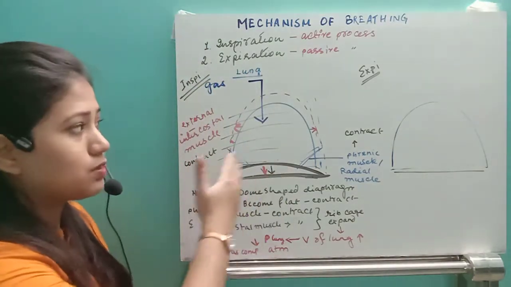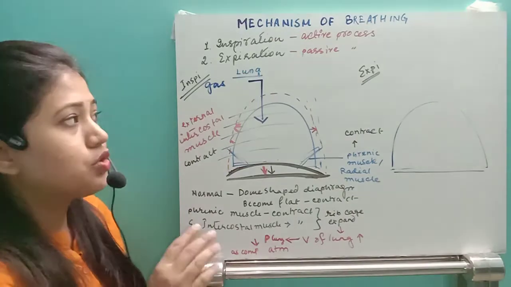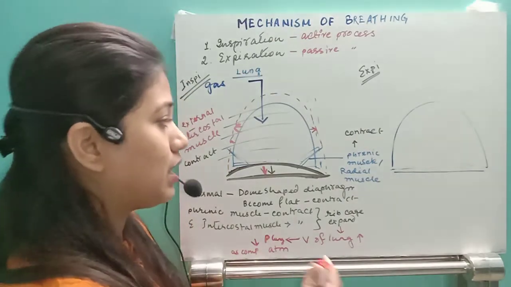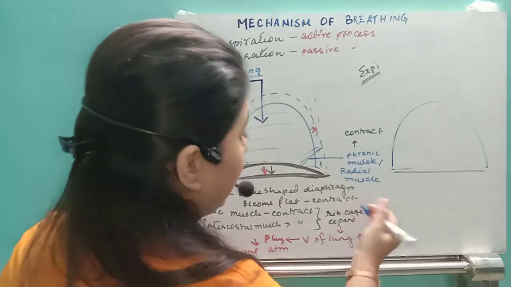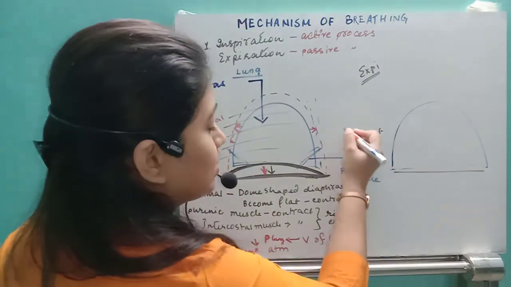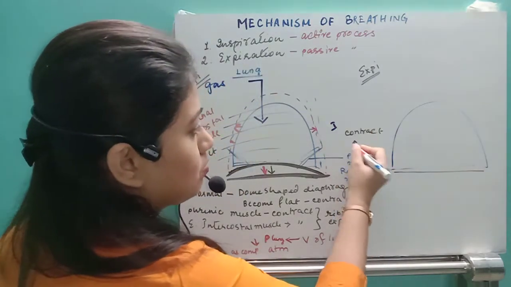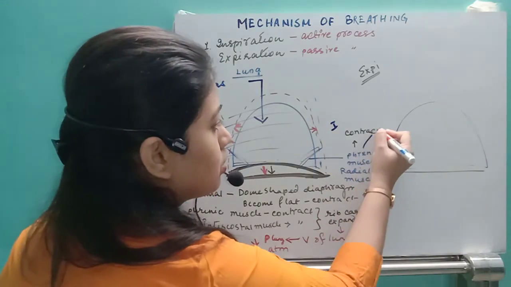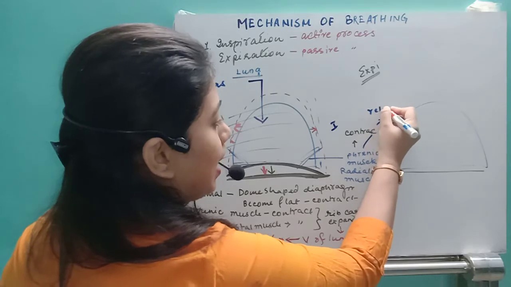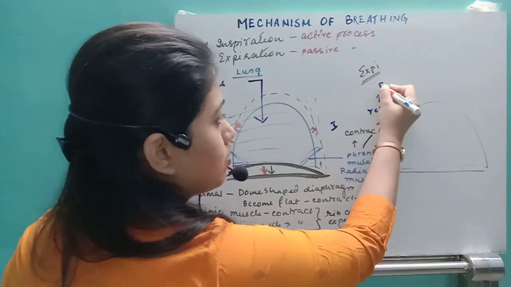At this time, the phrenic muscle will relax. In inspiration, the phrenic muscle contracts, and it will relax to carry out expiration.